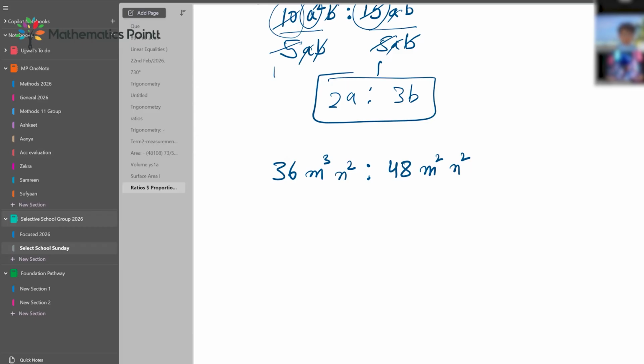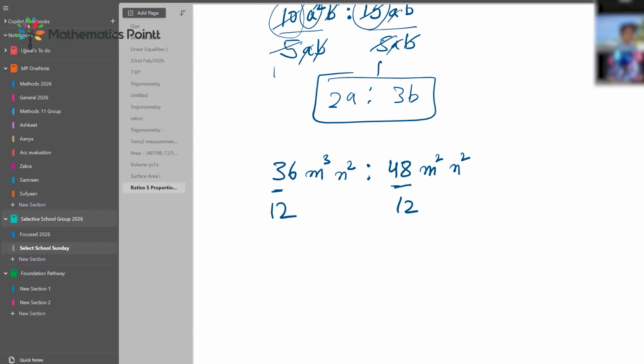I'll do this one, probably. Anyone who hasn't got this, can I see a no from anyone who hasn't got this? Looks like all of you are fine. So how do we do this? 36 and 48, I've got 12 as the common factor.